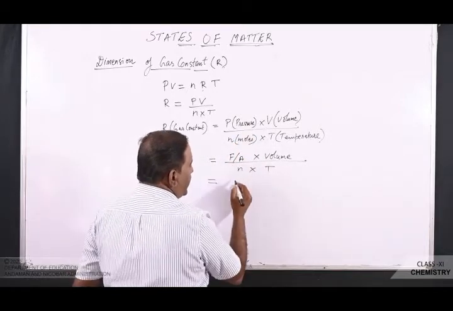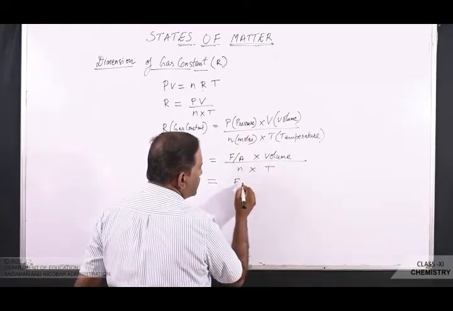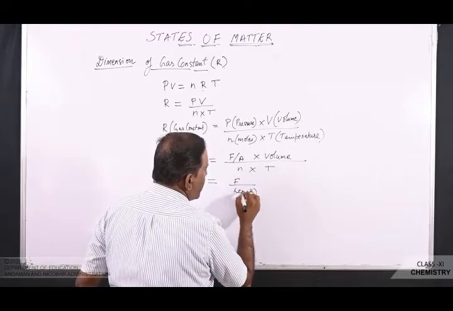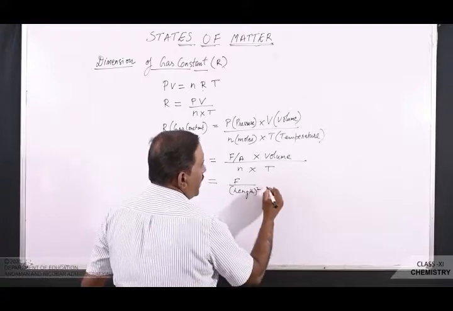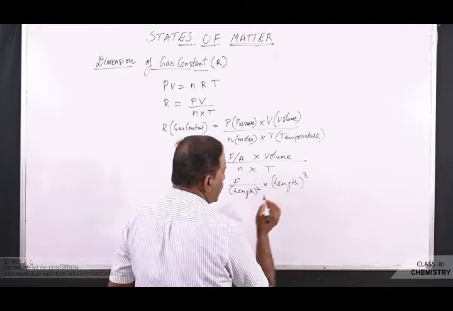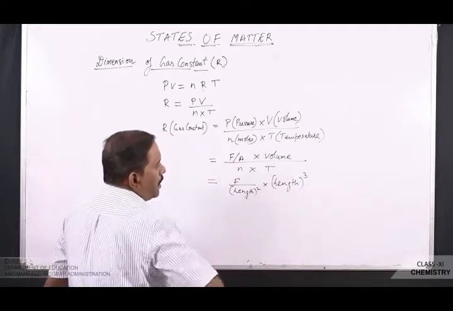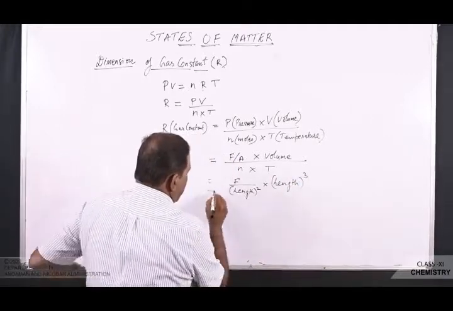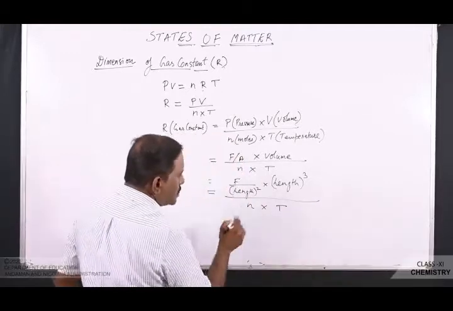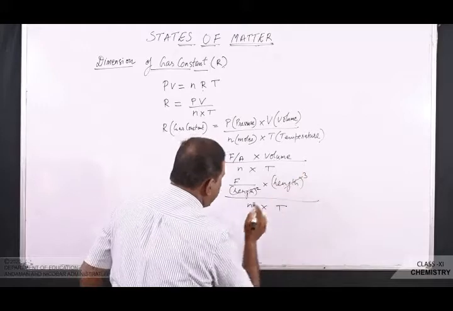It can be written as force by length square into volume, that is length to the power cube, divided by N into T. So this and this will get cancelled.